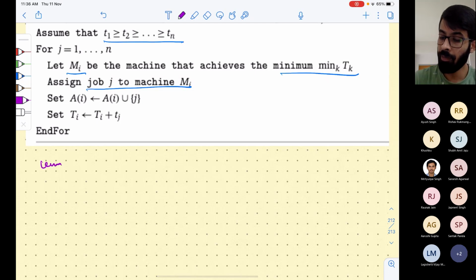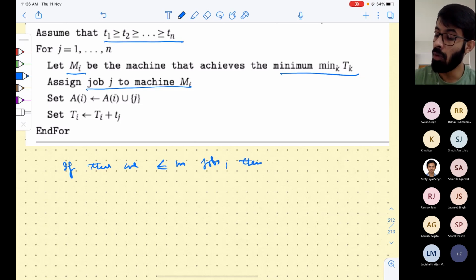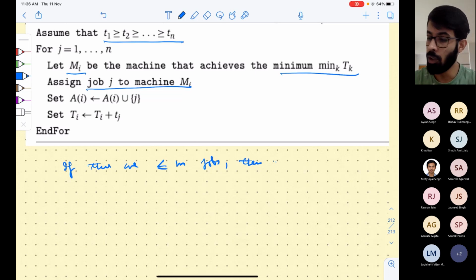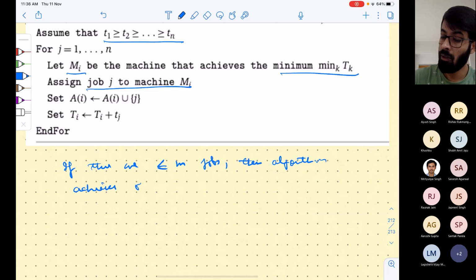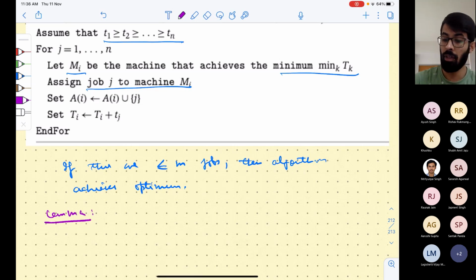For that, we show a lemma. First, if there are at most M jobs, then our algorithm already achieves the optimum because it will give one job to each of the machines. Okay. And what does the lemma say? Suppose there are at least M plus 1 jobs.